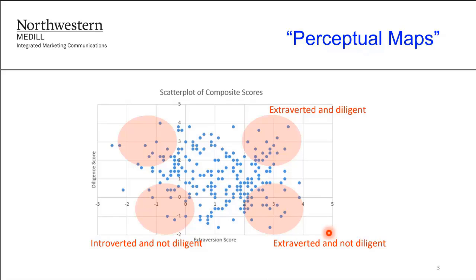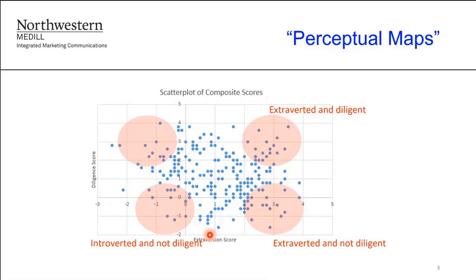How about these observations? These are introverted and not diligent, because their scores are low on both diligence and extraversion.